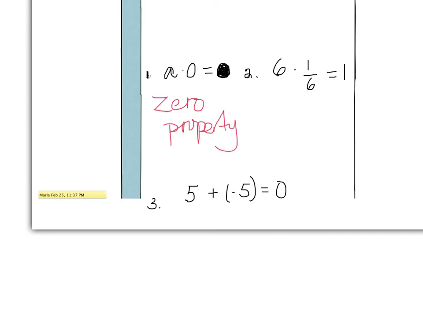Well, this is actually, we want to get 1 at the end and we're multiplying, so this is the multiplicative inverse property. Okay? Number 3 clearly says 5 plus its opposite. So this is going to be the additive inverse property.